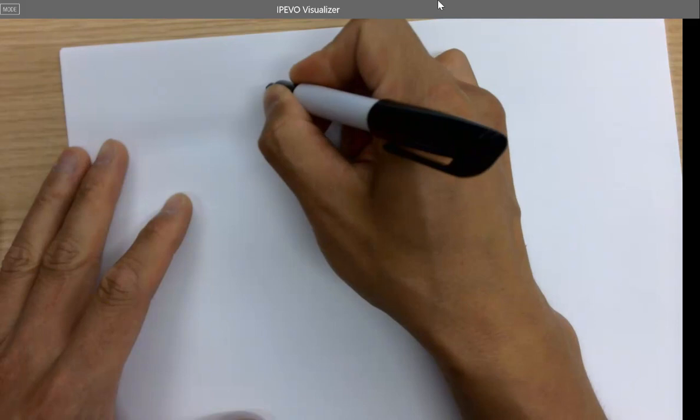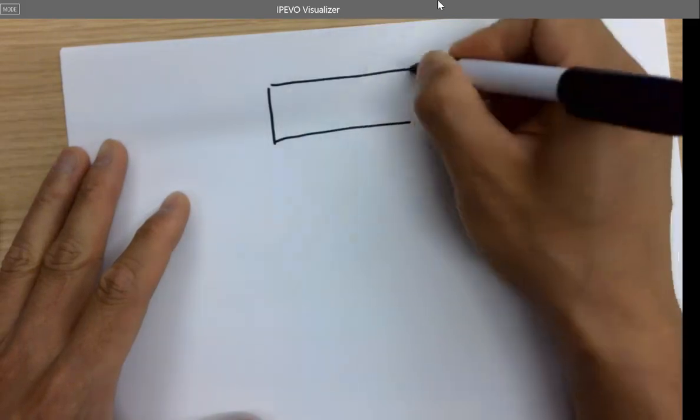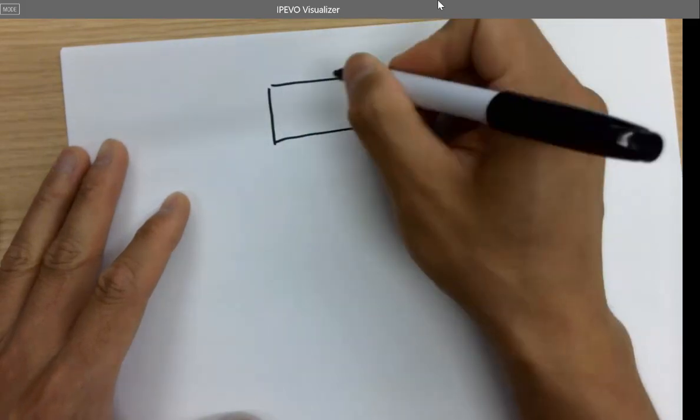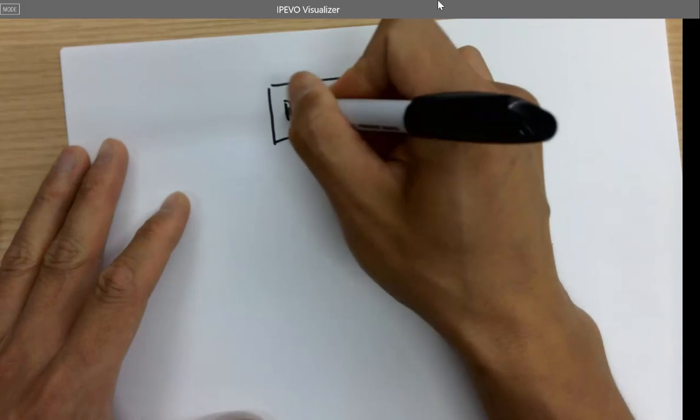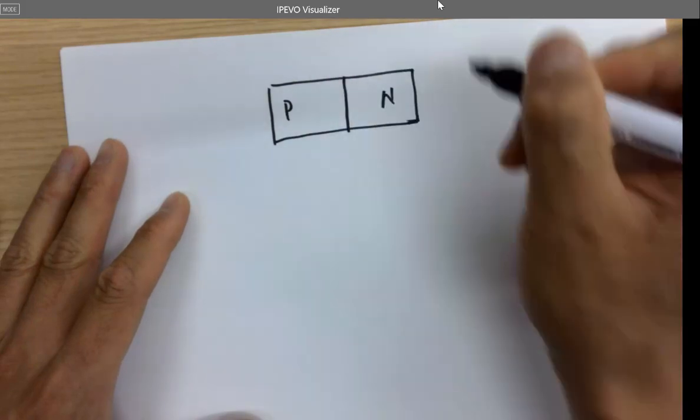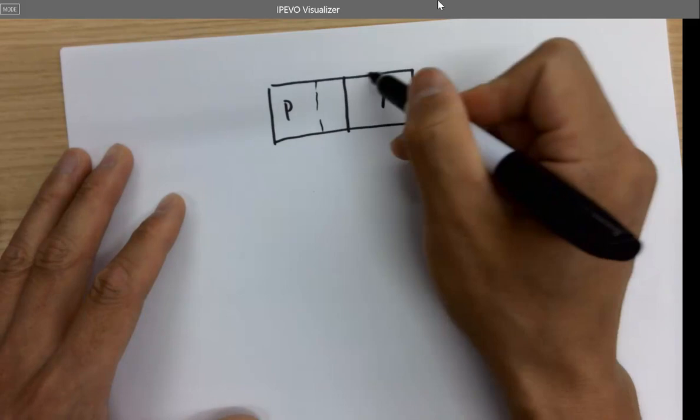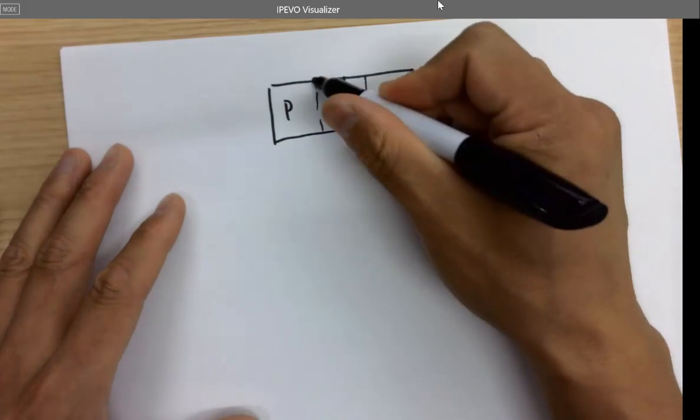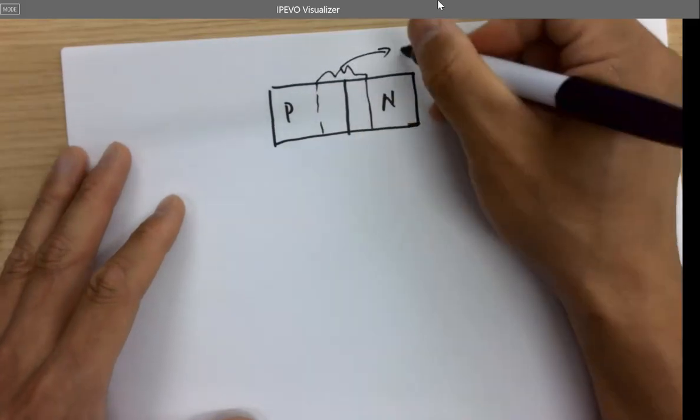Okay, we did a PN junction introduction. PN, put them together, and there will be a region. What's the name of this region? Depletion region.